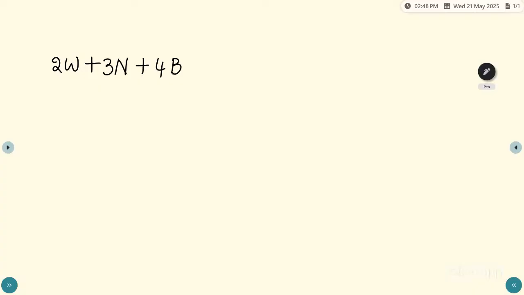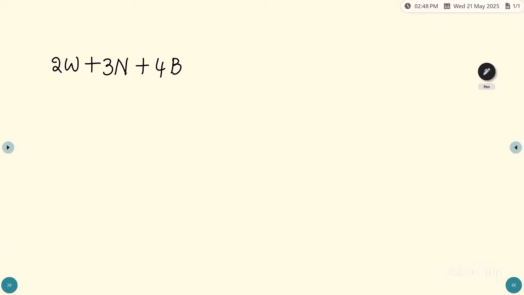Sometimes you also have to think about other engineering instruments, not only computers. What are those? Two washers, three nuts, four bolts.